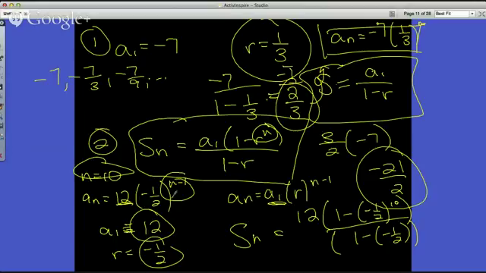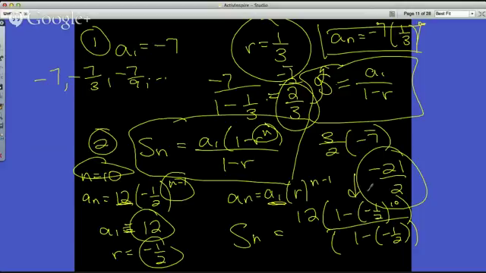Now, it's important to know how to plug it in. You want to make sure you do this part up here first. So 1 minus parenthesis, and I put even another parenthesis, negative 0.5 to the 10th power. And I got 0.9990234375. Then I'm going to multiply that by 12. You get 11.9882 and so on.